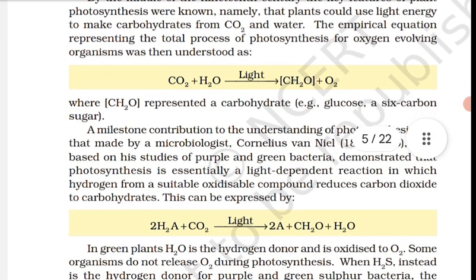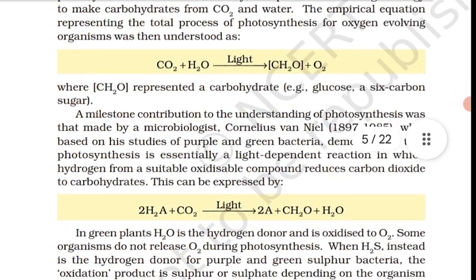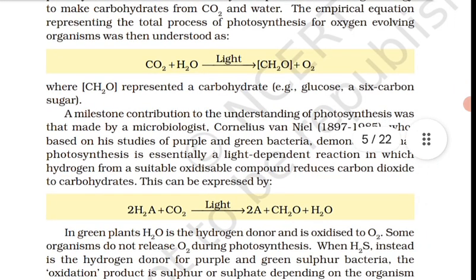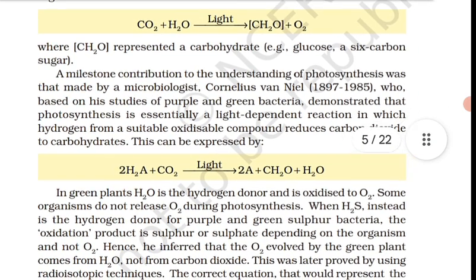Understood? It was not until about 1854 that Julius von Sachs provided evidence for production of glucose when plant grows.